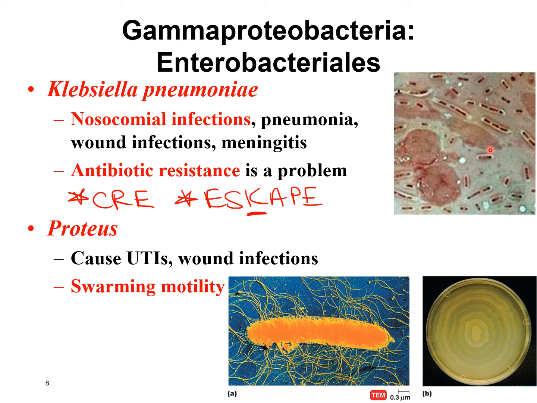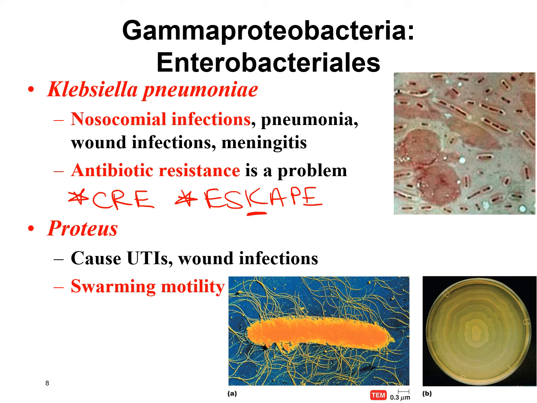And how we've been able to see that clear structure is we've stained the background. And remember, that's called a negative stain when you stain the background. And that allows that clear structure, the capsule around the bacterial cell, to stand out. So you can see the bacterial capsule around the Klebsiella pneumoniae.